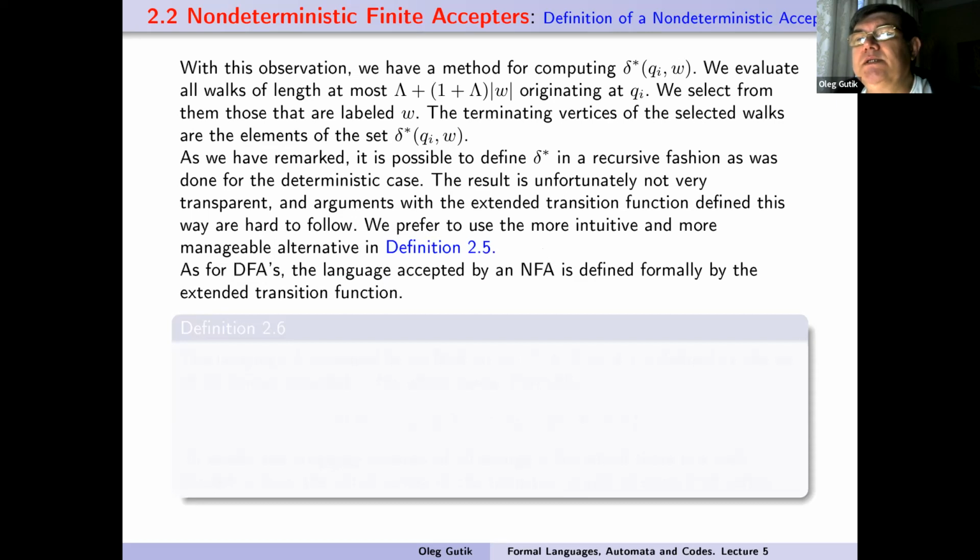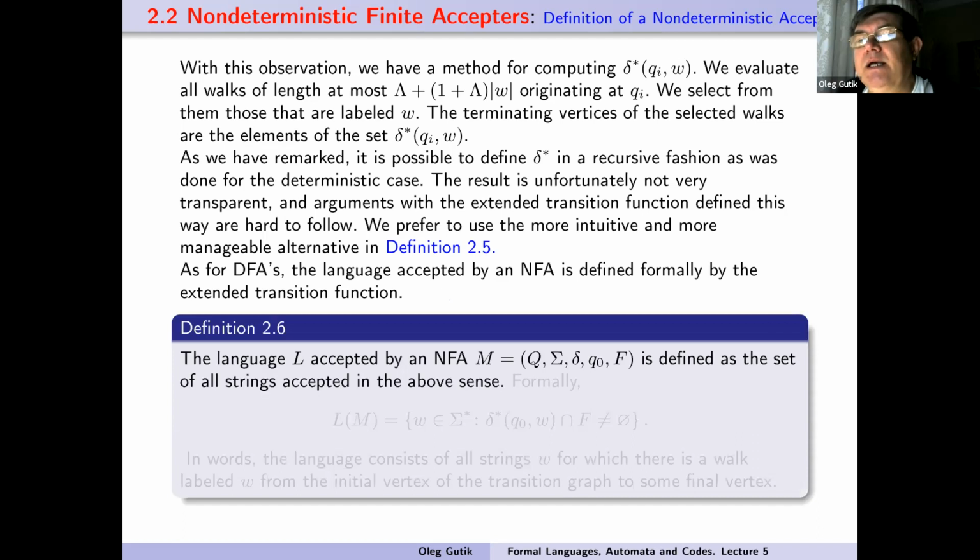As for deterministic finite acceptors, the language accepted by a non-deterministic finite acceptor is defined formally by the extended transition function definition. The language L accepted by a non-deterministic finite acceptor, which consists of the quintuple Q, Sigma, delta, Q0, F, is defined as the set of all strings accepted in the above sense.